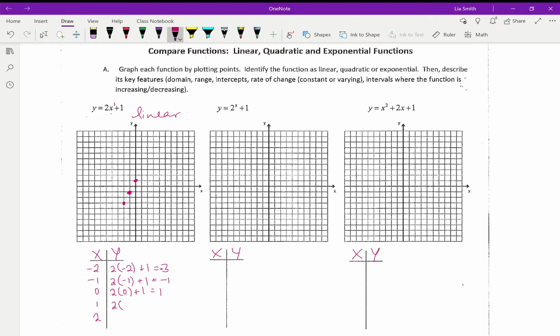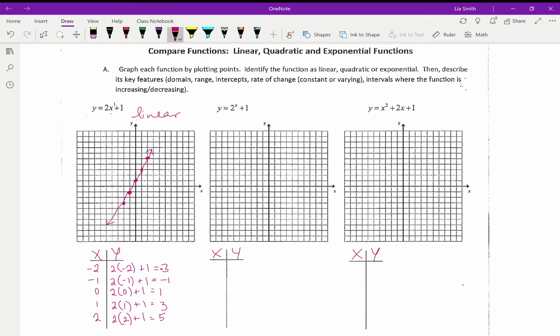Now I'm going to my positive numbers. 2 times 1 plus 1 is 2 plus 1, which is 3. Over 1, up 3. And let's do 2 for good measure: 2 times 2 plus 1 gives me 5. So over 2, up 5. Awesome, so there's my first graph.